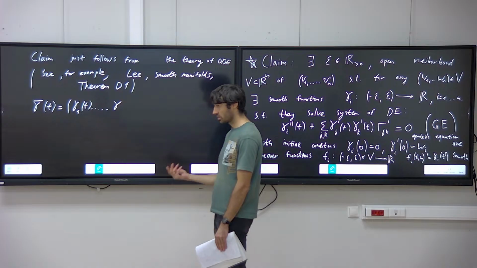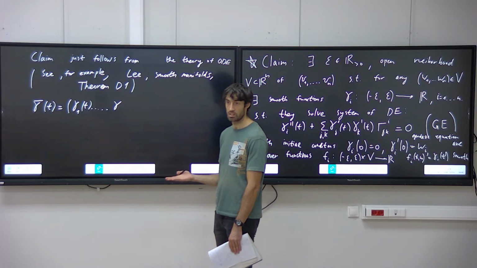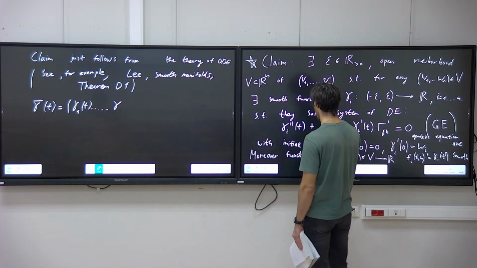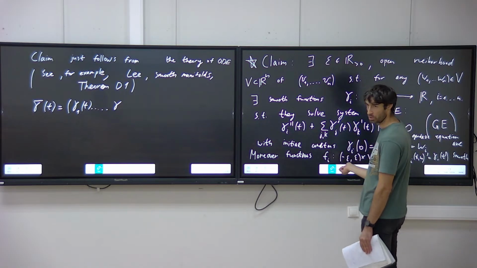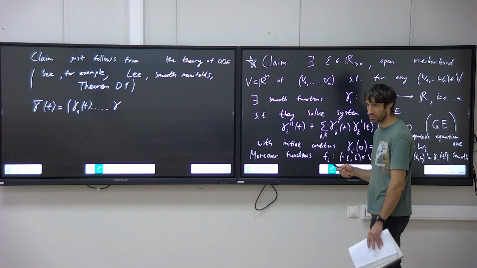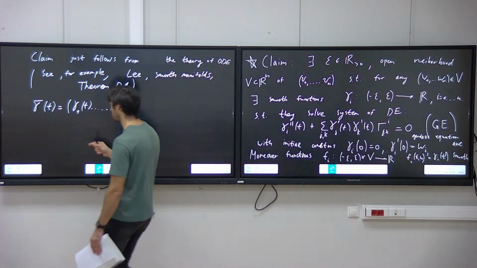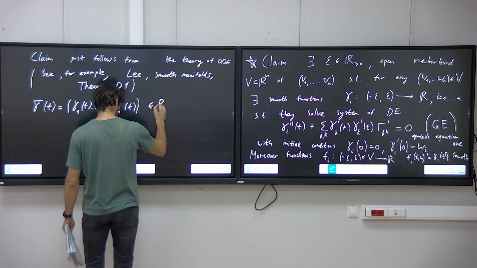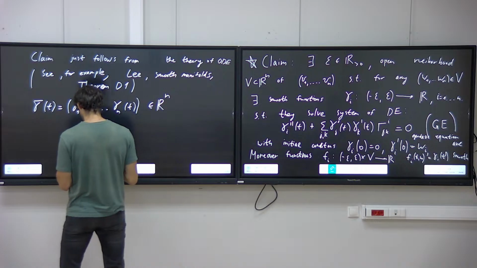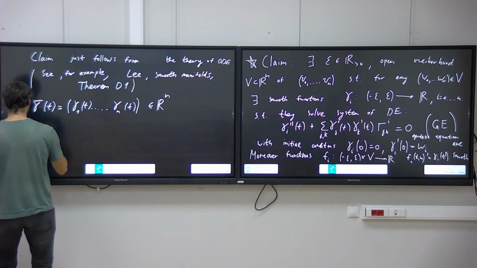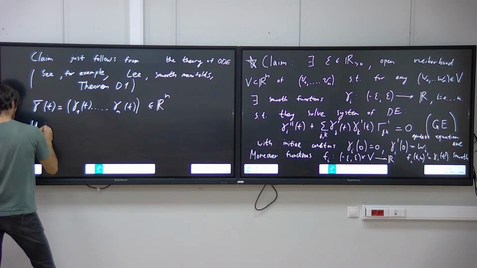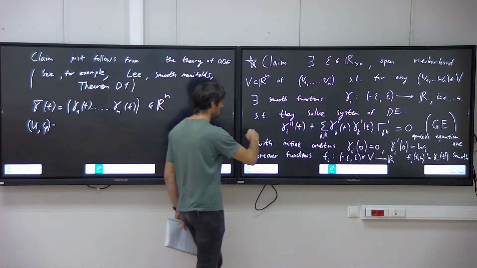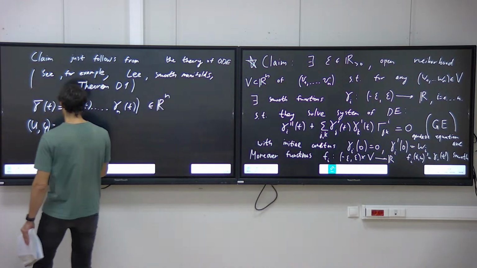So first we prove that there exists locally a geodesic. Basically we're using this claim and saying that this will be a curve with such components. Now I'm taking a curve inside R^n, and then I have (U, phi), my chart, which is a smooth chart.